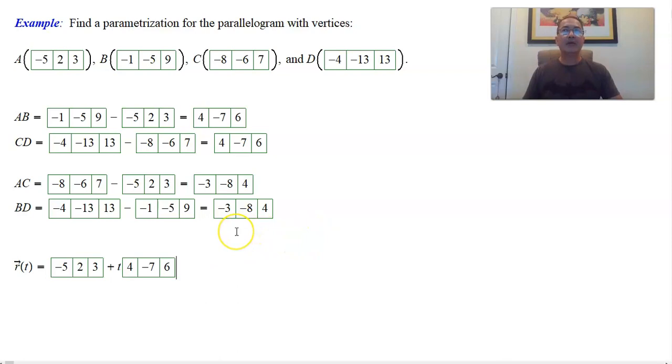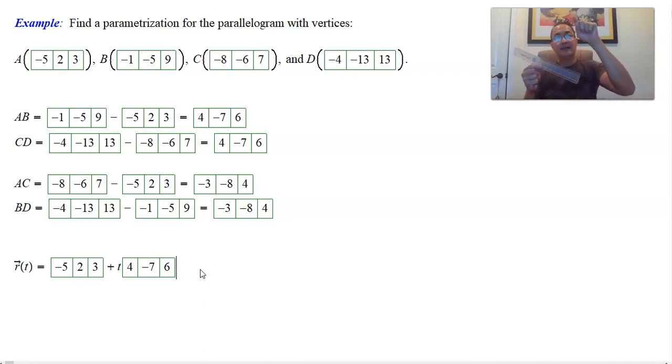So of course we can combine that. Now what's going to happen? How can we form the rest of the parallelogram? Well, imagine that you're somewhere between A and B, along this curve essentially. You're walking along the line segment from A to B. You want to go to the opposite parallel side. So what do you do?